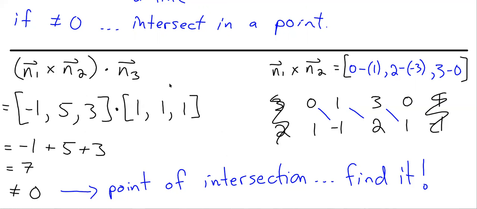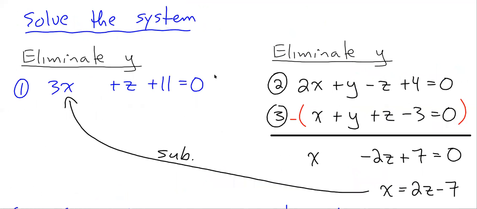So in this case though, if we're not sure, the triple scalar product turns out to be 0 or non-zero. That's a 7. So we know that it's a point of intersection, so we have to find it. So how do we do that? Same algebraic process as we looked at before. We're going to pick a variable from the equations to eliminate in both the pairings.